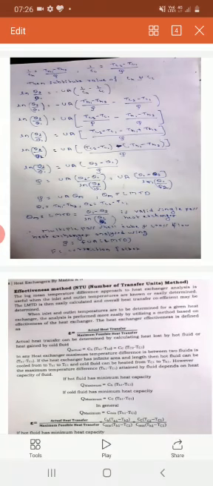Therefore we can write the heat transfer for the counterflow heat exchanger as Q = U A LMTD, where U is the overall heat transfer coefficient in watt per meter square Kelvin and A is the area in meter square.